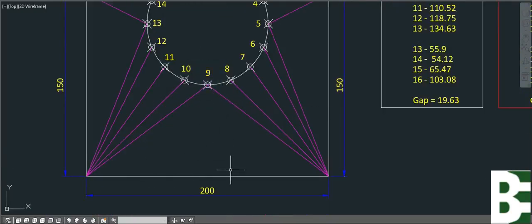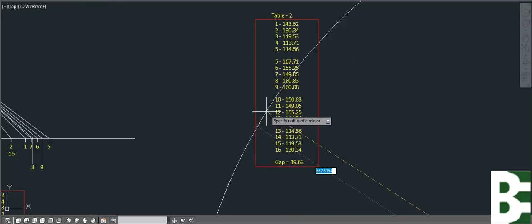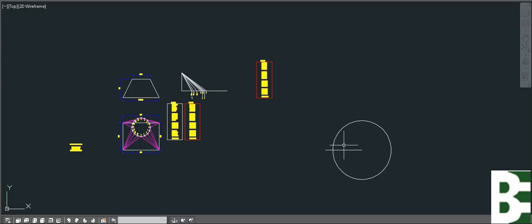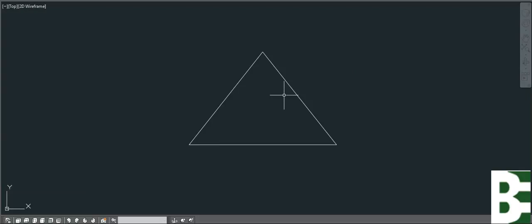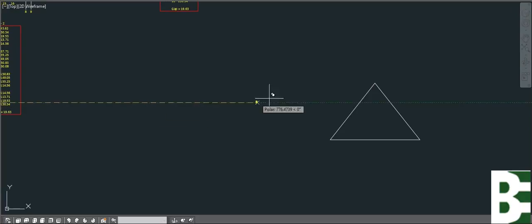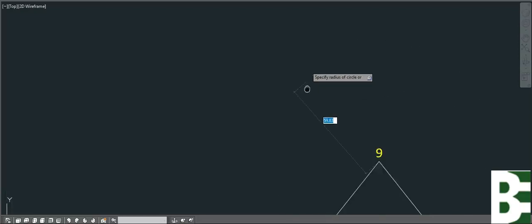Now if I start from number 9 and the bottom line is 200 millimeter, and I have number 9. Draw a radius from both sides, and the tangent point, they're matching, touching with each other. I will draw a line from both the edges, from both ends.